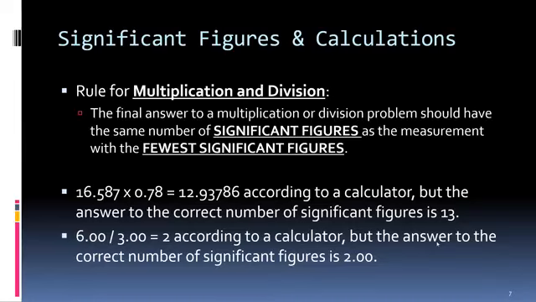For example, if you take 16.587 times 0.78 and punch it into your calculator, you will get an answer that is 12.93786.